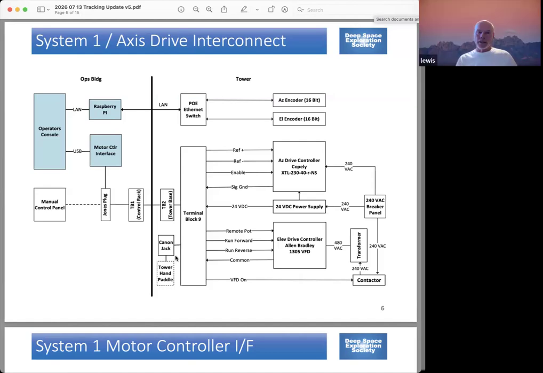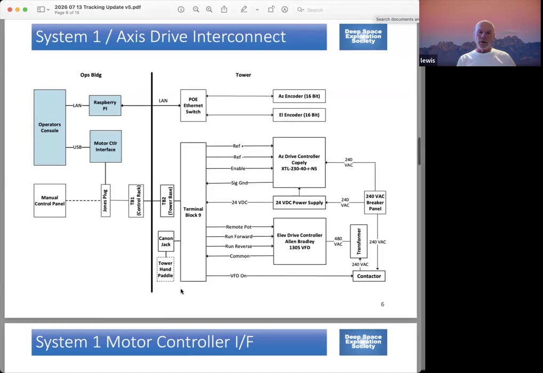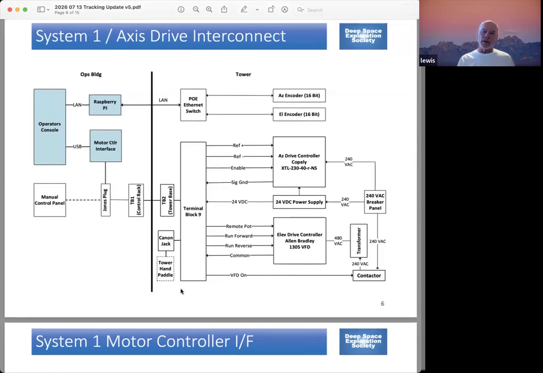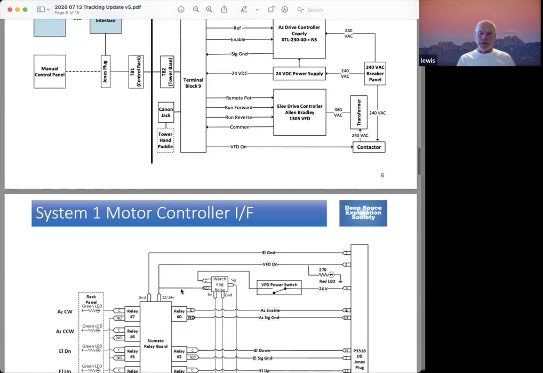Right. Now we'll want to look into the motor controller interface internals to understand the hardware that interfaces between the operator console and the Jones plug.